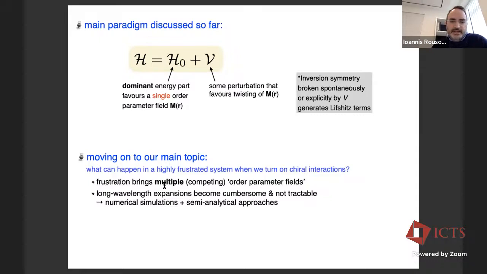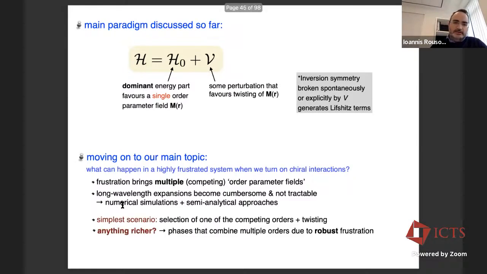Of course, the frustration brings multiple order parameter fields now. That makes it very hard to deal with. You cannot easily do a long wavelength expansion. That's not tractable. You have to resort to large-scale numerical simulations, some kind of energy minimization, or semi-analytical approaches.